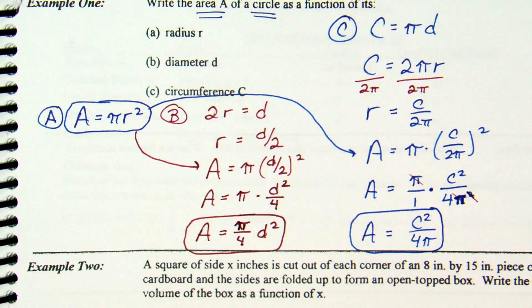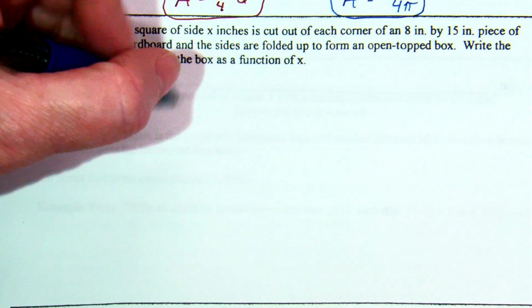Okay. And what do we know about this piece of cardboard? Okay. We've got 8 inches by 15 inches, right? And then what are we doing to this piece of cardboard? Cutting out a square. Cut out a square in this corner. I cut out a square in this corner.